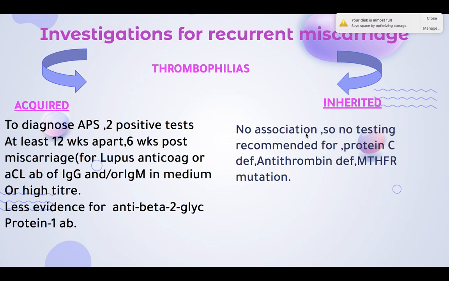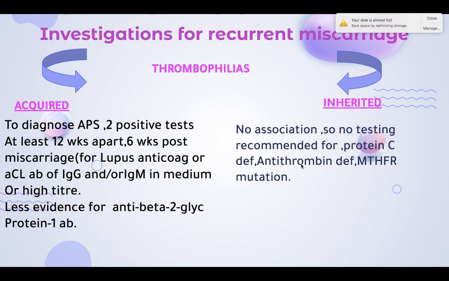So, are we going to check the inherited thrombophilias for the patient or not? No. Actually, we are not going to test inherited thrombophilias for recurrent miscarriages. Just mark my words, right? For recurrent miscarriages, we are not going to assess the inherited thrombophilias. Women with second trimester miscarriages can be offered testing for factor V Leiden mutation, prothrombin gene mutation, and protein S deficiency.